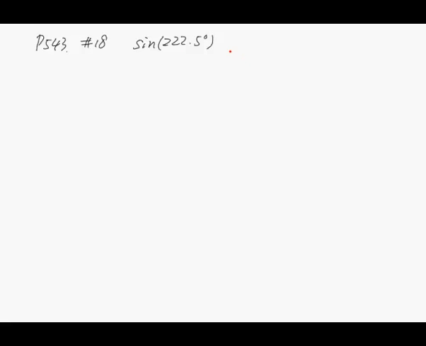So tell me which quadrant this angle is in. Which one? 3, right? And if you are not sure, you may draw a sketch of this angle. You know this 222.5 degrees is bigger than 180, right? But less than the 270 degrees.